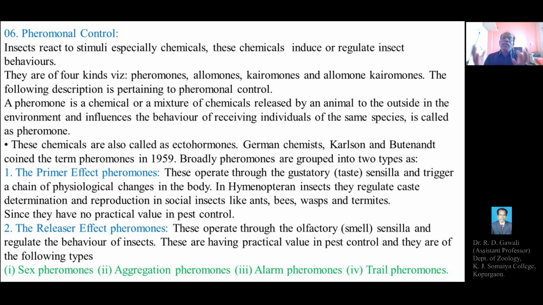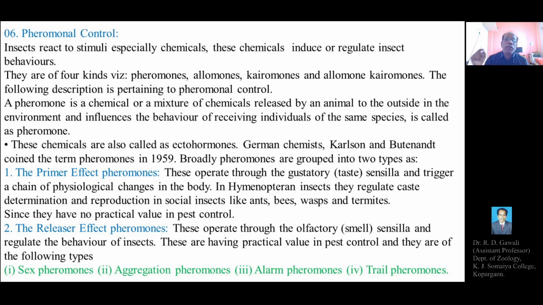This is because these pheromones act inside the body of the respective organism. The second type of pheromones is the releaser effect pheromones.